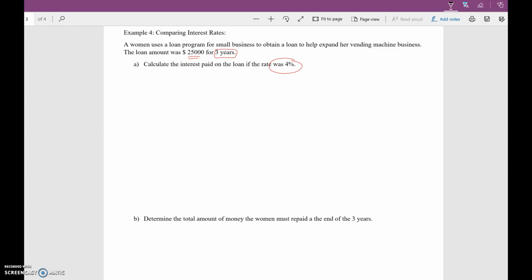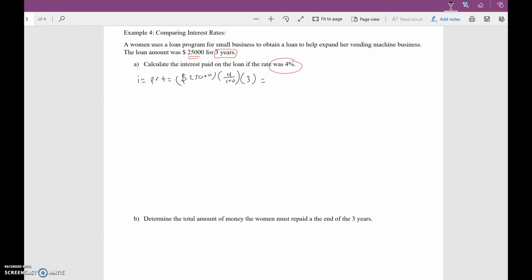So they want us to calculate the interest on the loan if it was just 4%. So this is I is equal to PRT. So we're talking about $25,000. The rate is 4%, so 4 over 100, and then it's for a period of 3 years.